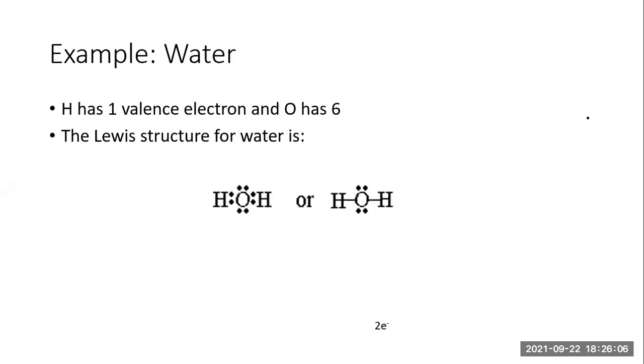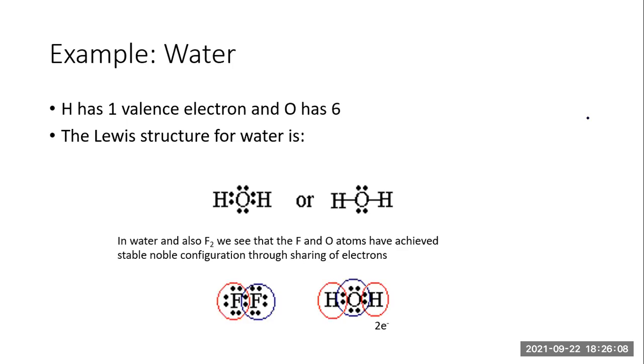If we look at the Lewis structure here for water, for example, water actually shares some electrons. The oxygen in water shares with both hydrogens. So as you can see on the bottom there, the 2 electrons being shared there for our hydrogens, and then the oxygen sharing those electrons on the other side.